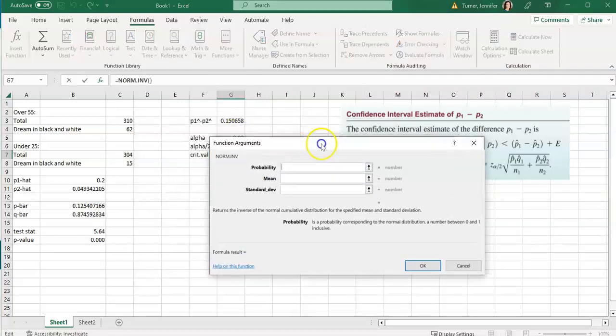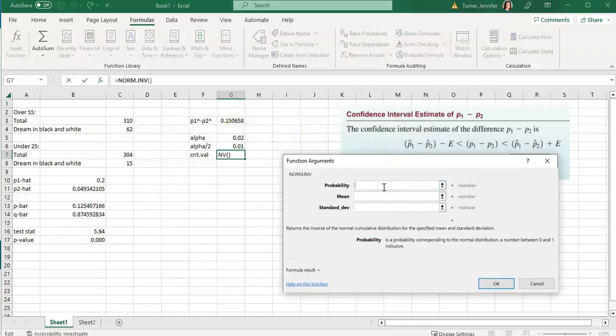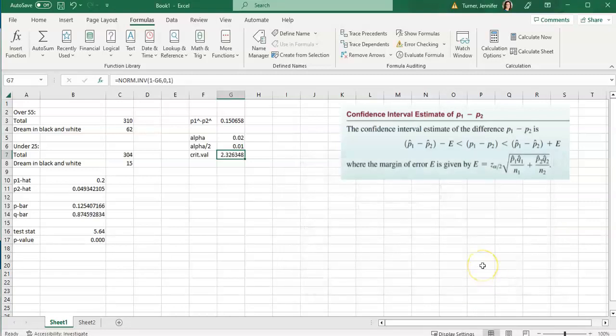The probability here is going to be 1 minus alpha over 2. And since this is a z-score, the mean is 0 and the standard deviation is 1. So we say OK. So now we have the critical value, the z alpha over 2, which means we're ready to find the margin of error by just building this formula right here.